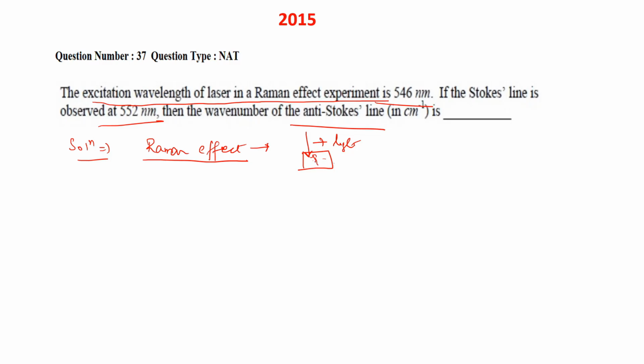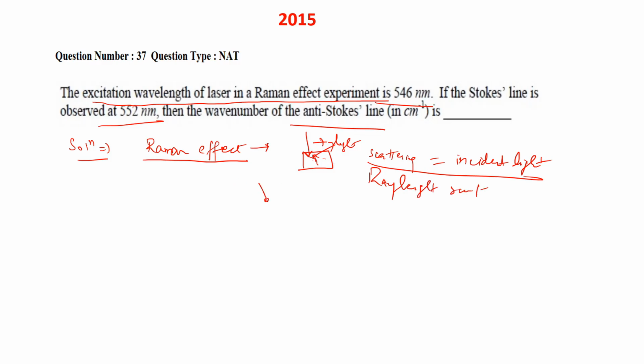That means matter interacts with radiation and it will scatter light, scatter photon radiation. If the scattered light is of the same frequency as the incident light, then it is called Rayleigh scattering.